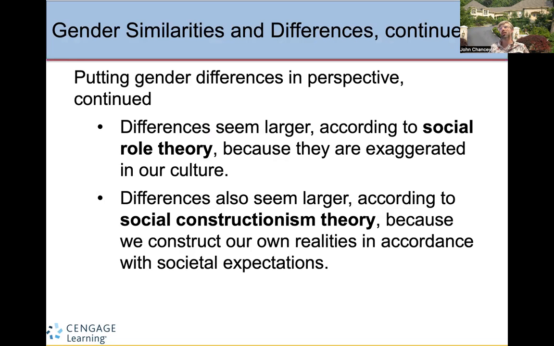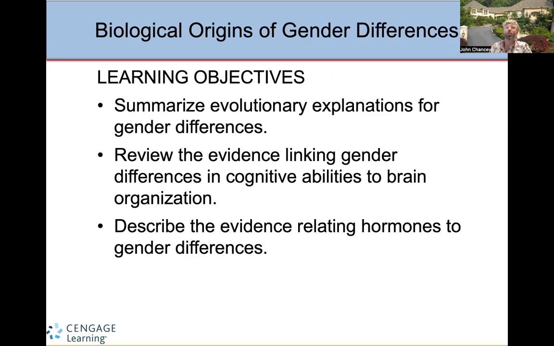Like if we have certain expectations about how men and women are to behave and to act and progress and advance in society, if anything goes against that, we may change the narrative around to fit in our own expectations. Okay, what about biological origins of differences?